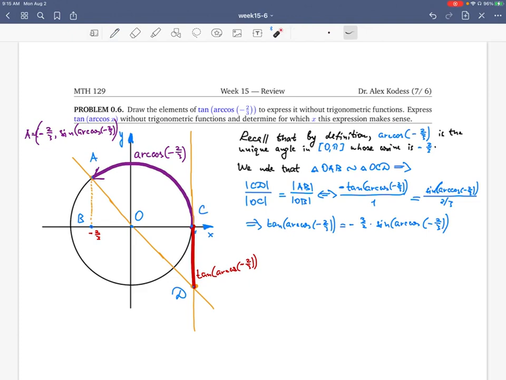And what's left to do is find sine of this arc cosine. For this, of course, we use the Pythagorean identity. Remember that sine is plus minus square root of 1 minus cosine squared.